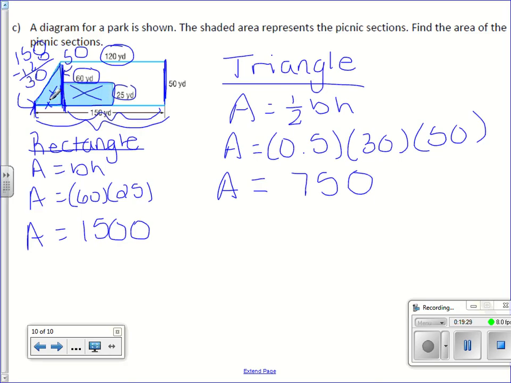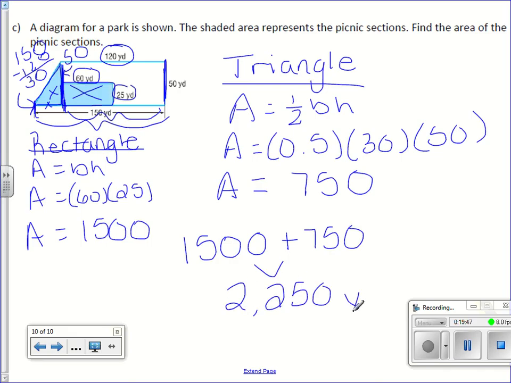We didn't find the area of any white space. So all we have to do in this case is we're back to adding, because we just found the areas of the shaded region, so we add them together. 1,500 plus 750 is 2,250 yards squared.